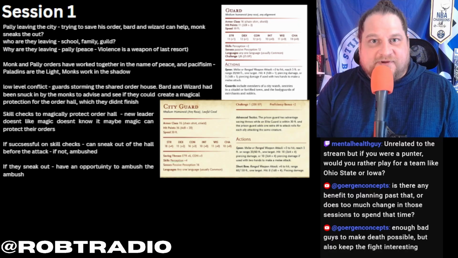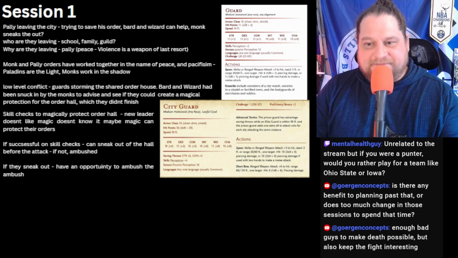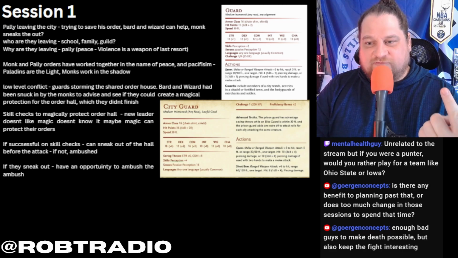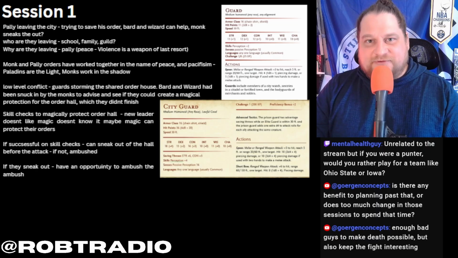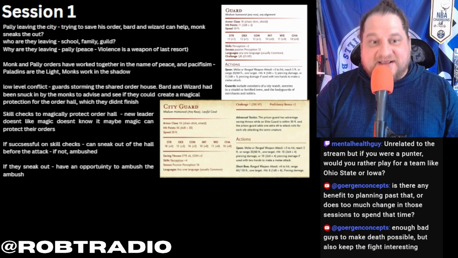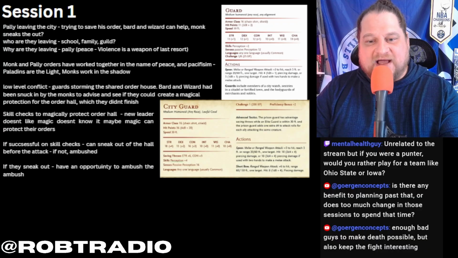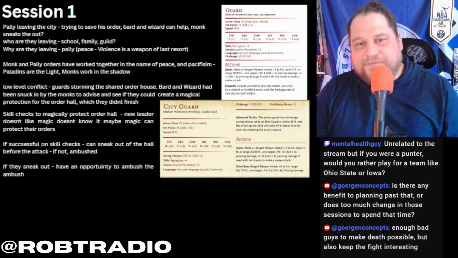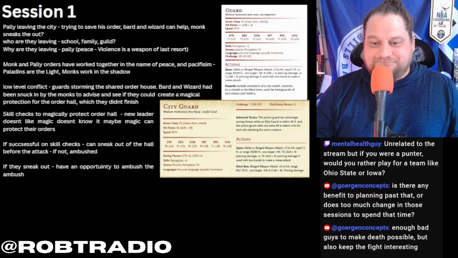If they ambush, then right when these people walk in the door, we ambush them. That is wave one. And then they get a second ambush on the second group of people that walk through the door, right? And so it makes the fight easier for them as a reward for passing the skill check.